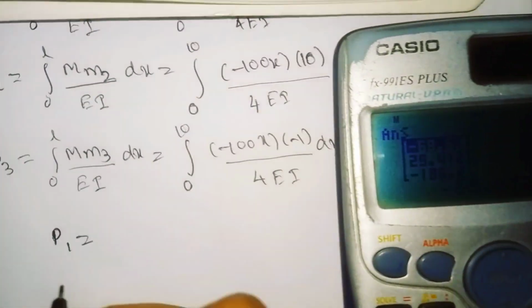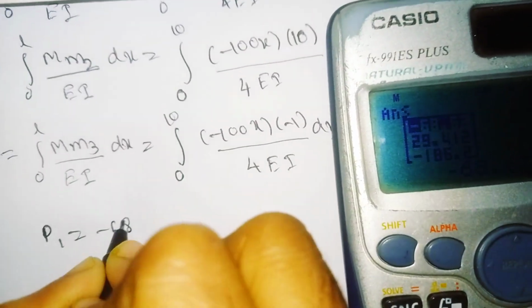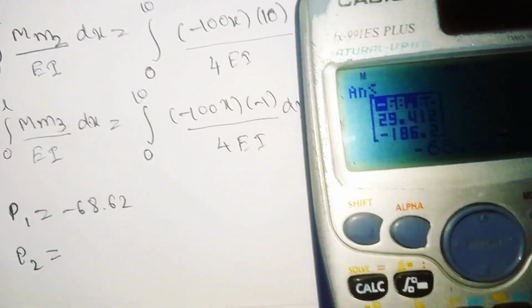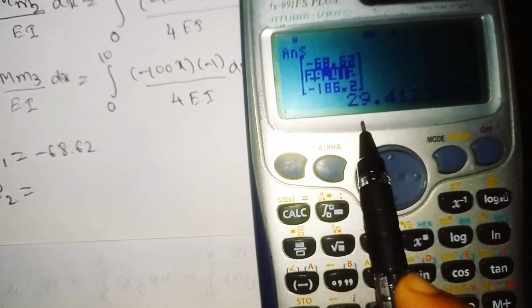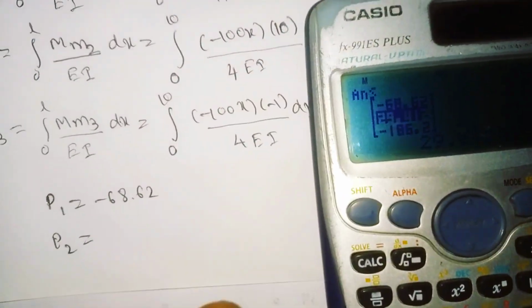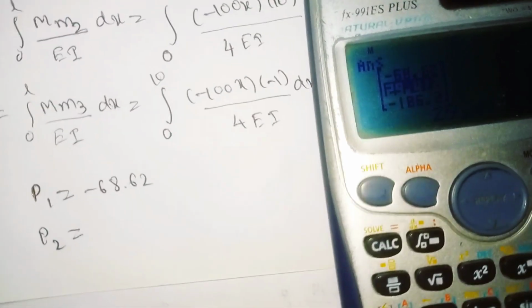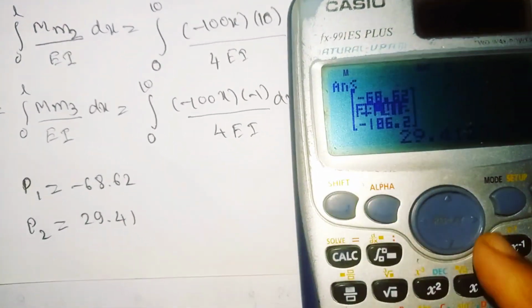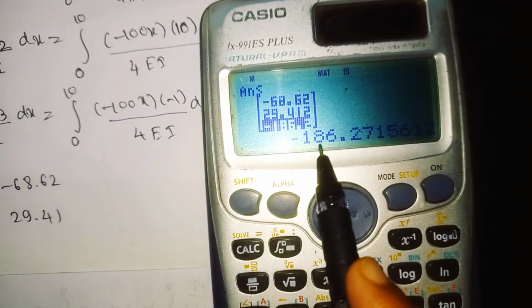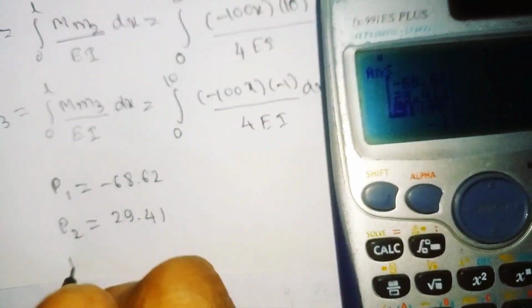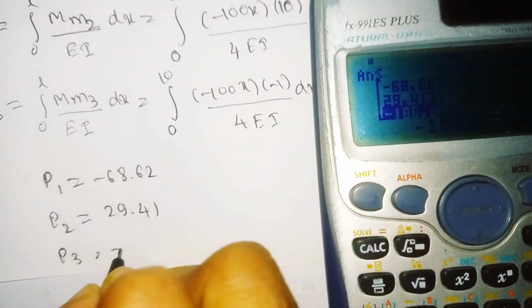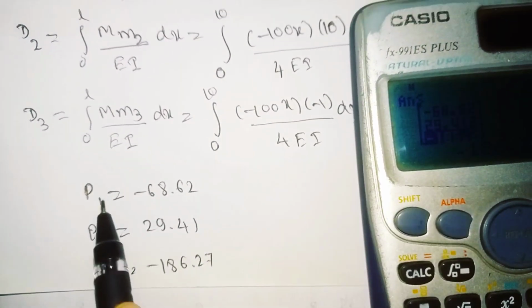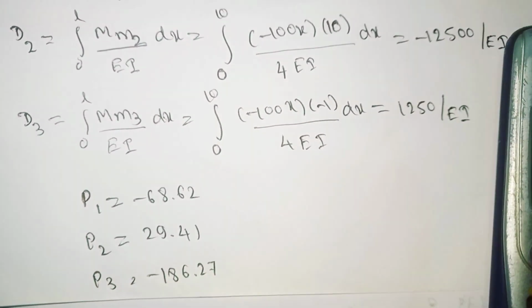P1 is minus 68.62, P2 is 29.41, and P3 is minus 186.27. So now we got P1, P2 and P3.